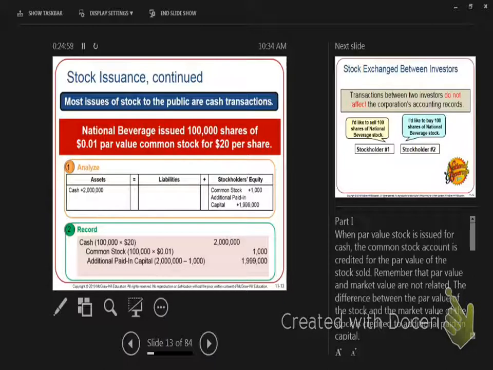And then the rest of it is going to go to this account, APIC, additional paid in capital, which means funds coming into the company, which is exactly what it is, correct? Additional funds coming into the company. APIC is abbreviated the same way for companies. A lot of my abbreviations I make up, but that one's not. They actually call it APIC.